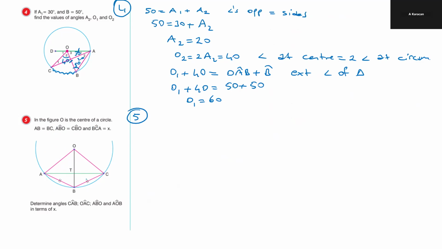So let's put here BCA is X, AB is equal to BC, and ABO is equal to CBO, so these two angles are equal to each other. CAB will be equal to X because of angles opposite equal sides. That's going to be X.